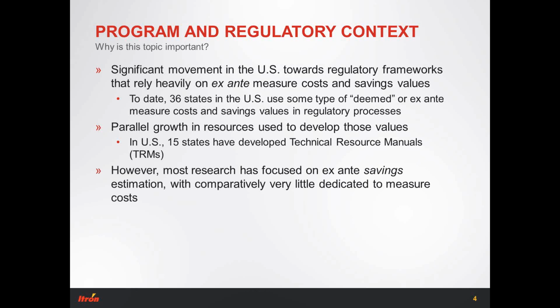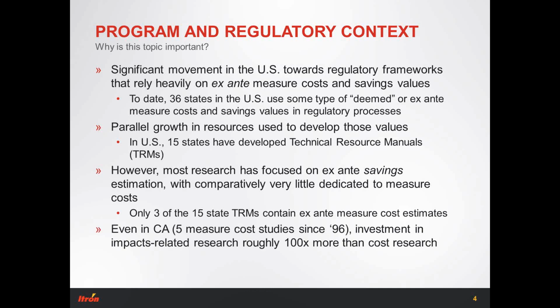The flip side is that most of that research has focused on ex-ante savings values, with very little research being dedicated to measure cost estimates. Only 3 TRMs that we're aware of actually contain primary estimates of ex-ante measure costs. Even in California, which has funded 5 measure cost studies since the 90s, the total investment in impact-related research is roughly 2 orders of magnitude higher than cost research over the history of the industry.